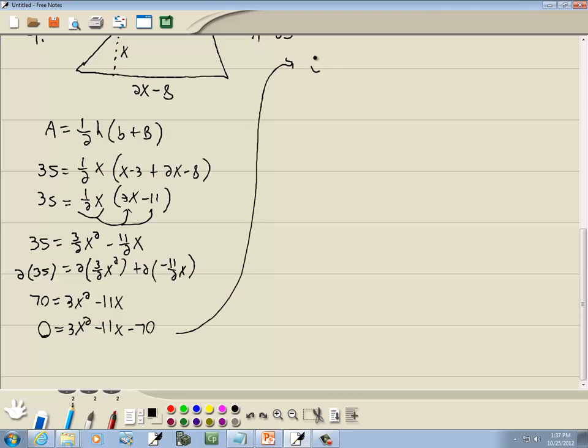Now continue it up here. So 3x squared minus 11x minus 70. This is a key number. We got x squared, x, no x, and there's a number in front of our x squared. So we'll take 3 times 70, which gives us 210.